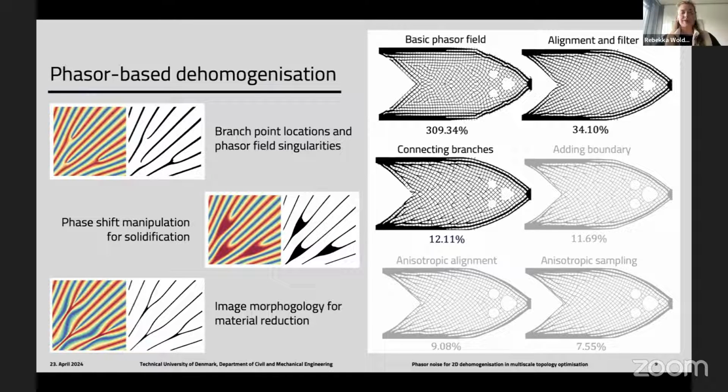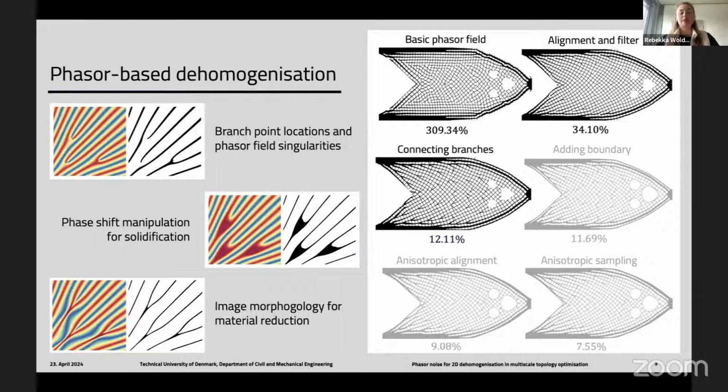To this end, one of the major procedures introduced in the de-homogenization paper is how to connect these disconnections. And the method benefits from the fact that we know that these bifurcations are located at singularity points in the sampled phasor field, so you can find them directly from the noise you have generated.